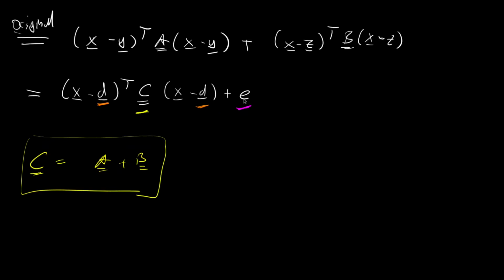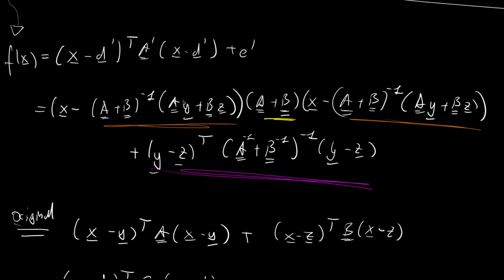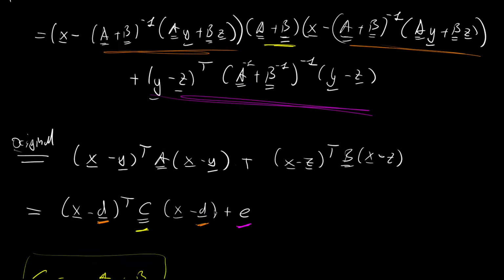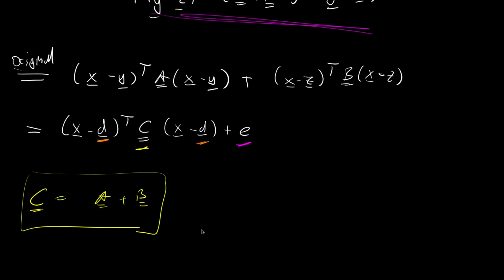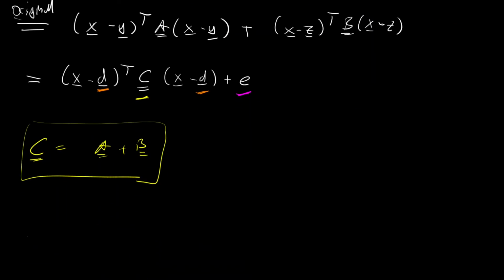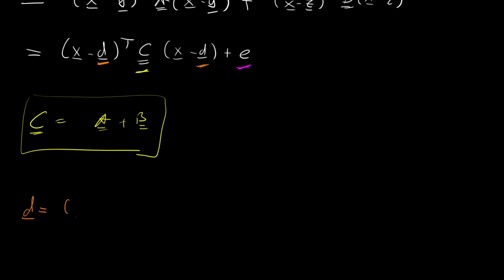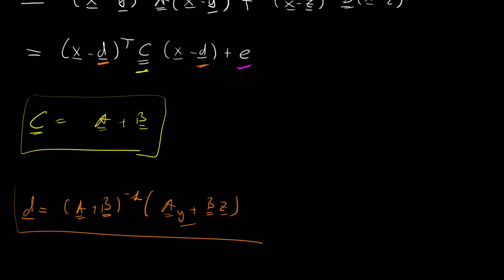And the d and the e will actually be similar to the d prime and the e prime from our completion of the square. But just for the sake of being rigorous, we will write it down once again. So we will be getting for the vector d the expression that we have here, which is (A plus B) inverse times (A y plus B z), which will be this result.